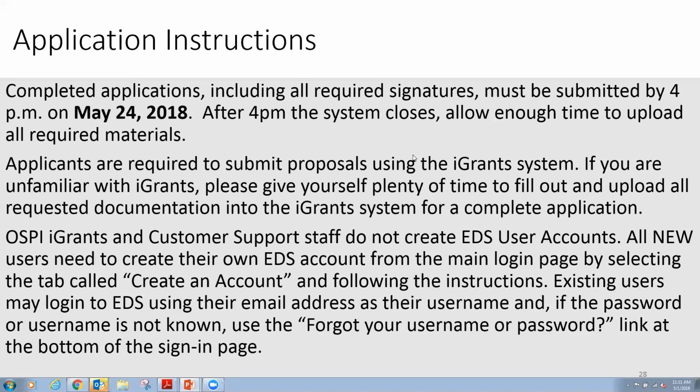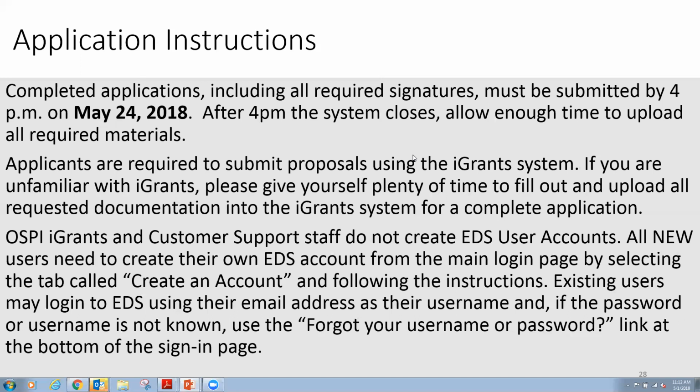OSPI has a matrix that's already been filled with all of the critical data from each building regarding free and reduced lunch, percentage of poverty, number of ELL participating students, and we have the ability to go in and select per site your building code and your building.